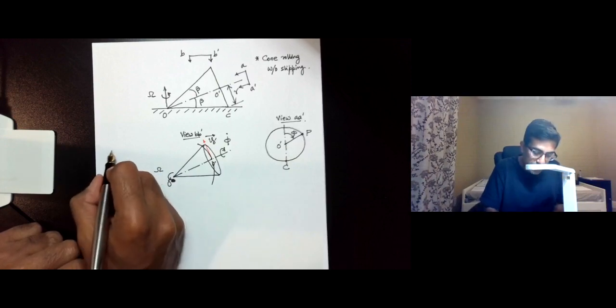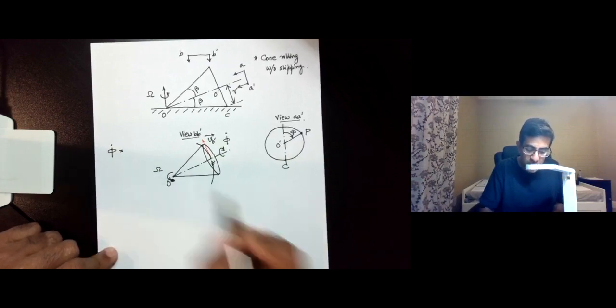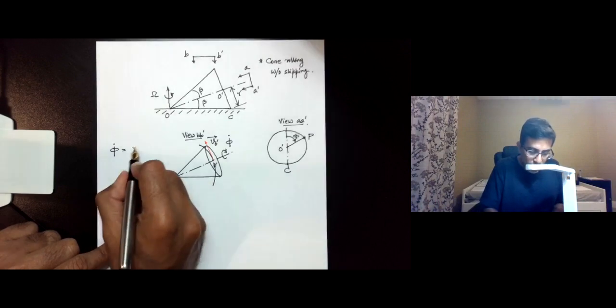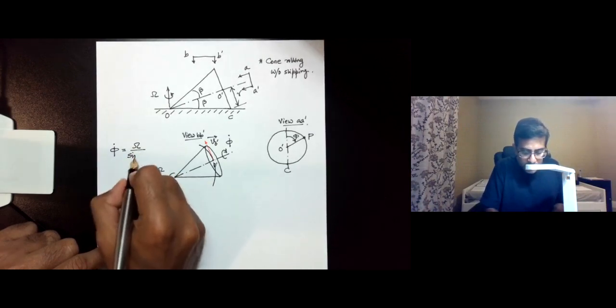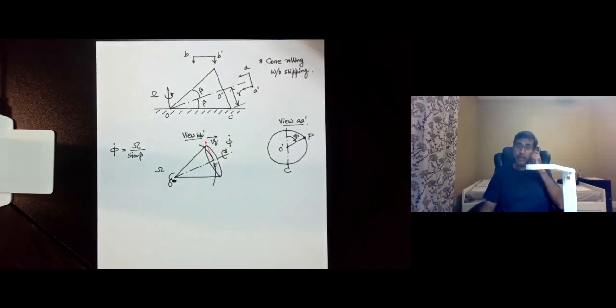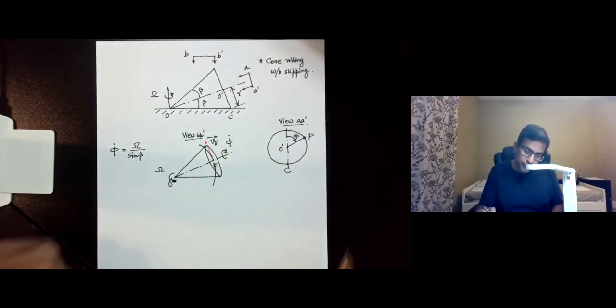We have determined that phi dot, the spinning speed, is omega divided by sine beta, where beta is the angle of the cone.